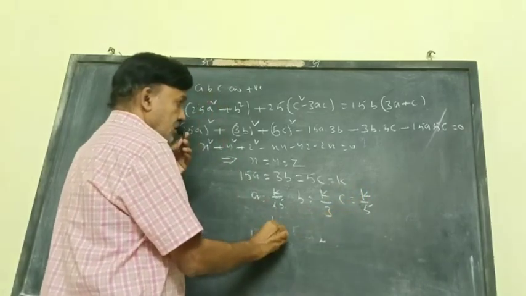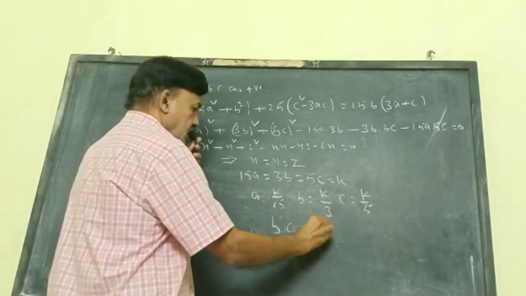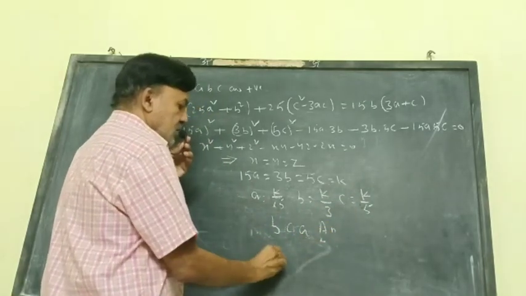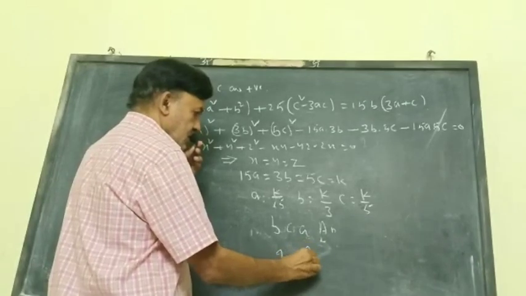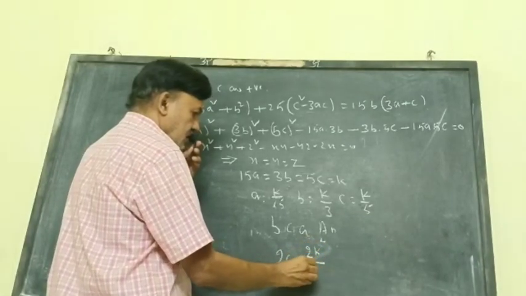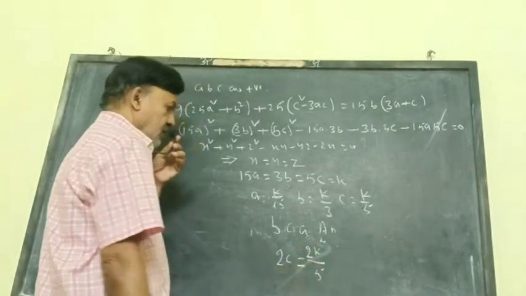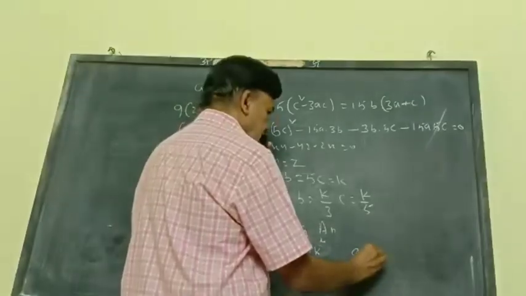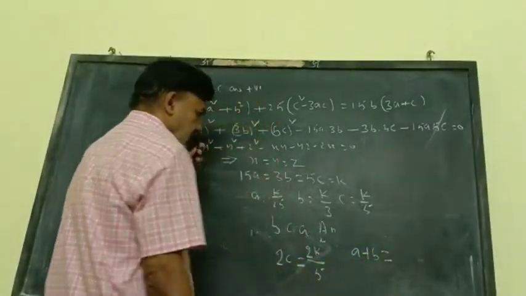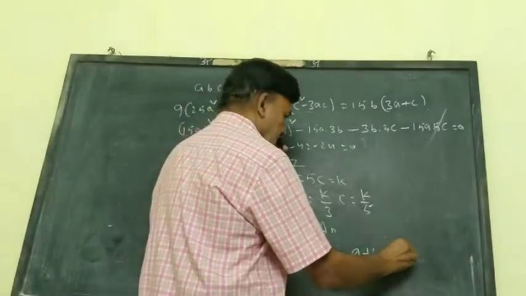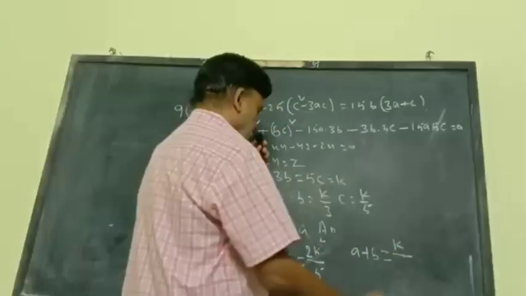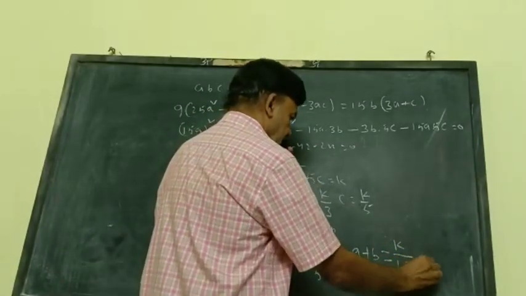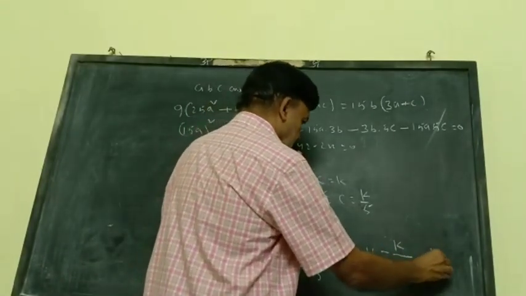We have to show what? B, C, A are in AP. So what is 2C? 2C is equal to 2K by 5. What is A plus B? A plus B is equal to K by 15 plus K by 3.